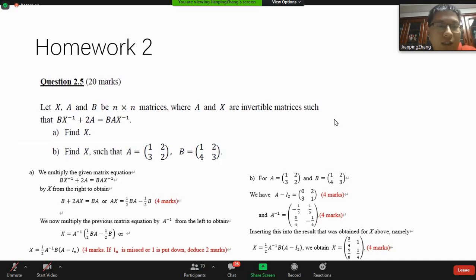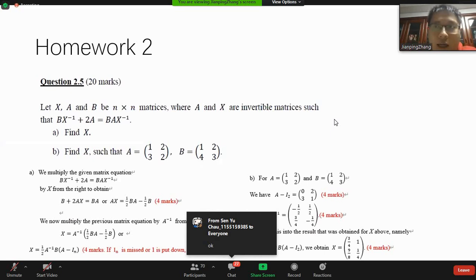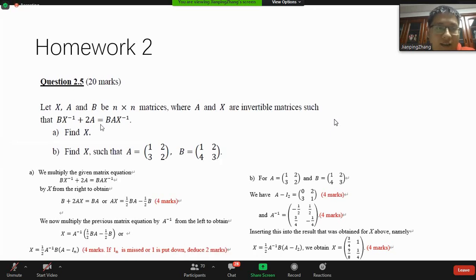Okay, so for question 2.5, it is quite similar to the previous question in homework one, to compute the inverse. Here we aim to find the x, and we observe that the x inverse is in the equation. So we follow the same steps. We want to get the x inverse multiplied by some matrix, and it is equal to the identity matrix. So the matrix we write down is exactly the x.